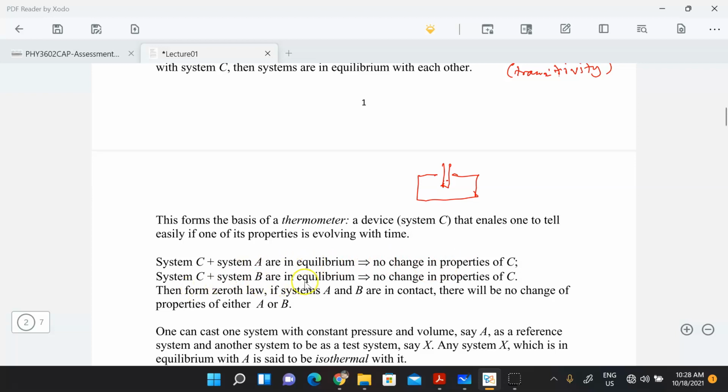Then you do the same for system B, and you find there's no change in the properties of C. Then you expect when you put these two systems together, there will be no change of properties of either A or B. That means they are at the same temperature, so to speak.